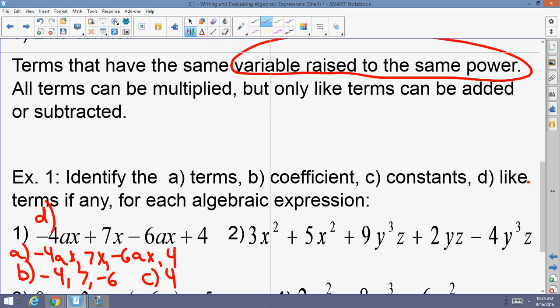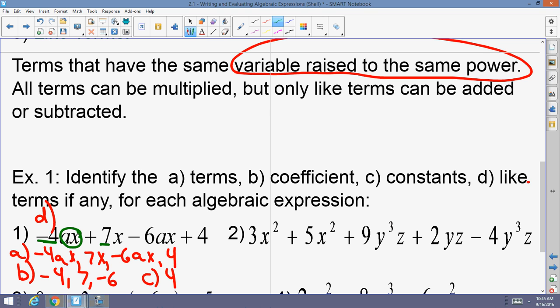Because they're coefficients. And a coefficient is the number being multiplied to the variable. The number in front of the variable. Isn't this negative 4 being multiplied to ax? No, 7 has an x, though. It's a coefficient. That is the pure definition of it.